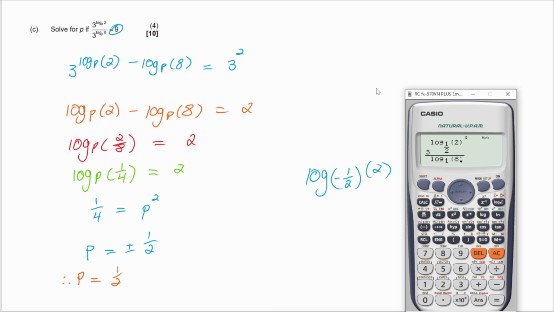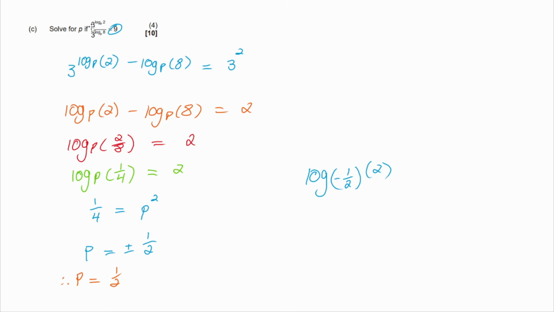What are we expecting? That should be equal to 9, and that's what we get. But if I treat that p as a negative half, you'll see I just get a math error. So we're not allowed to have a negative base there. One of the answers was not valid.